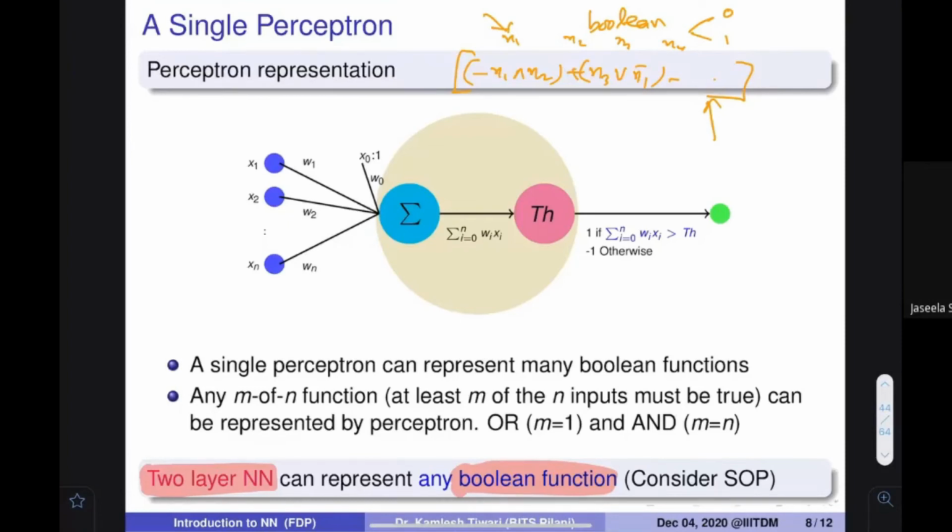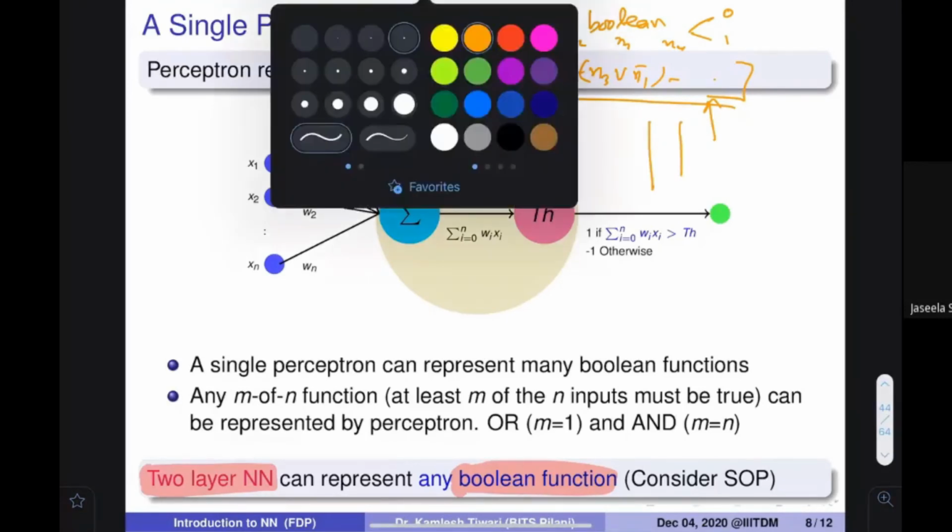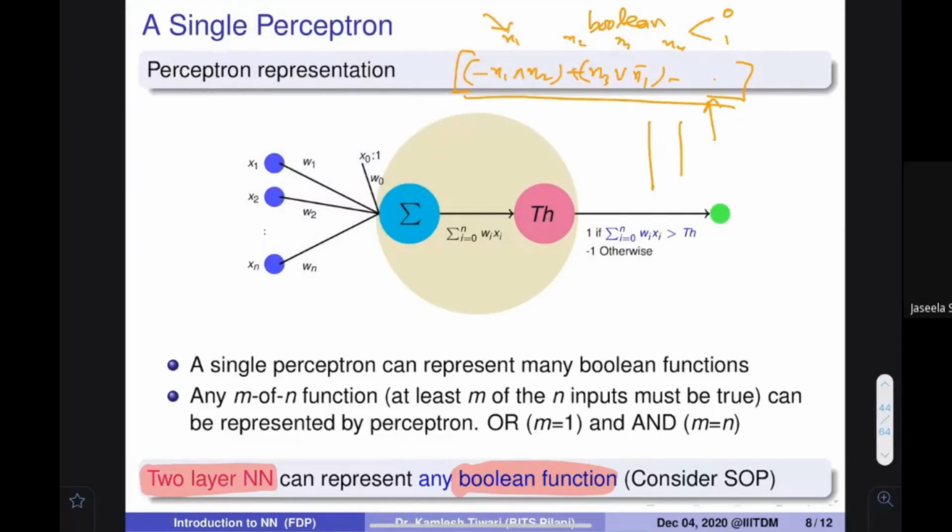So it is a complex function. Can you represent it using a neural network? The answer is yes. Only 2 layers are sufficient. How come? This is a big claim to be made. The answer is this: I would not go into much detail, but in the digital domain, people talk about this special kind of form, SOP and POS form, sum of products form.